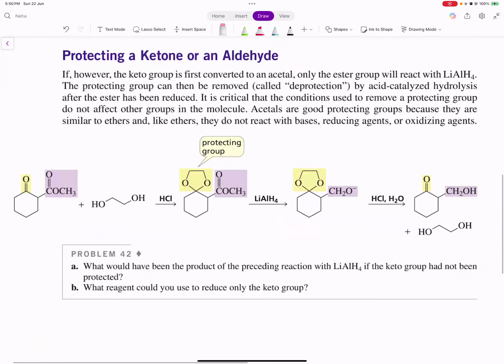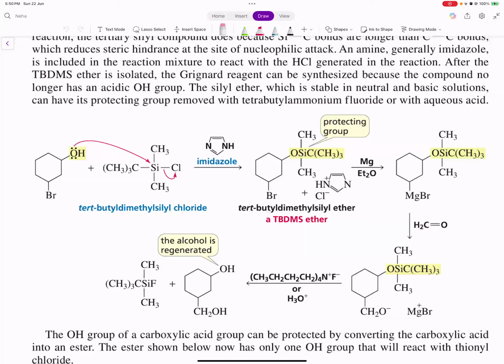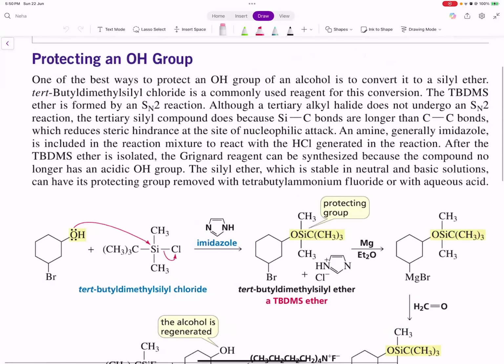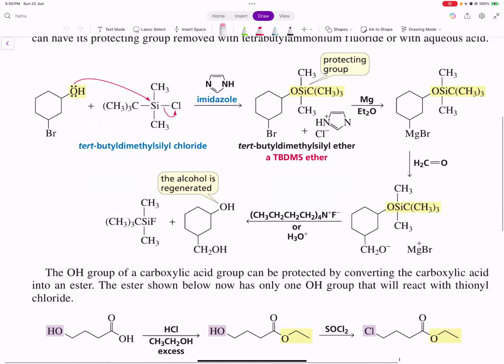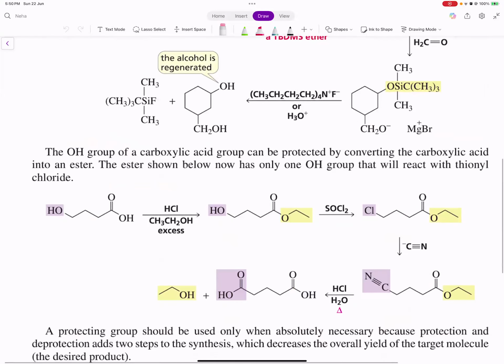Oh, okay, protecting an OH group. I don't think so. This is in the syllabus, but sometimes you'll see. Maybe in the second reading we'll come to this.